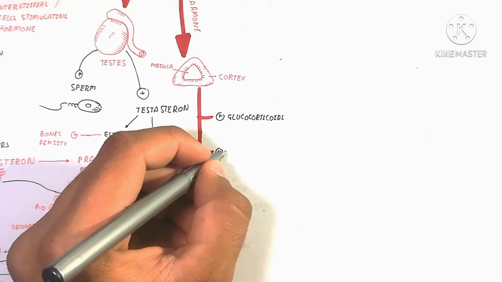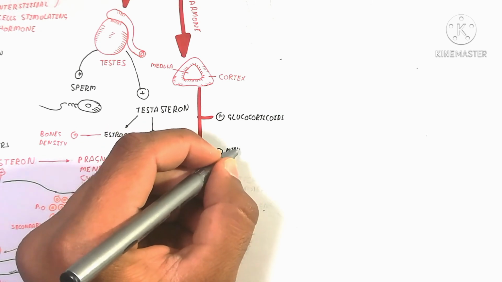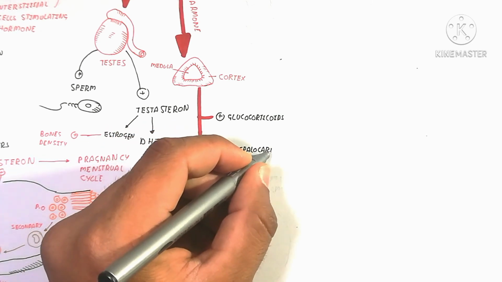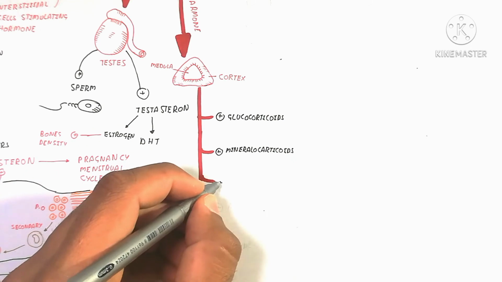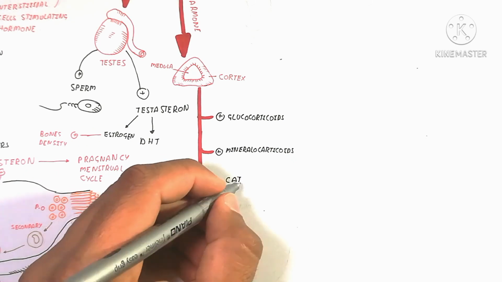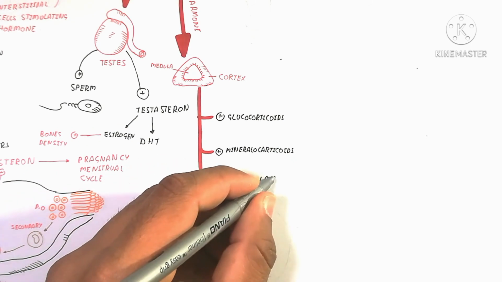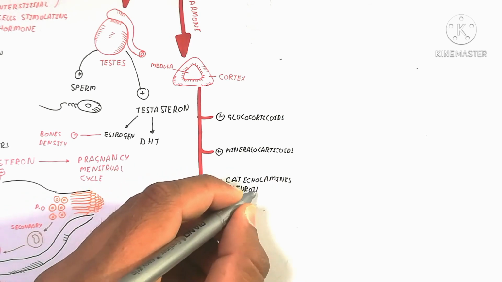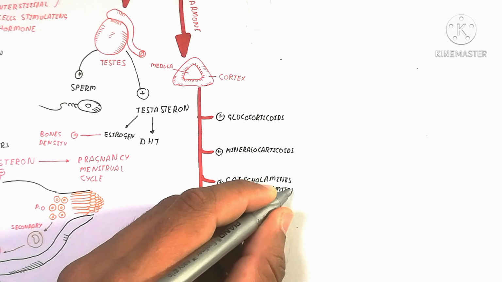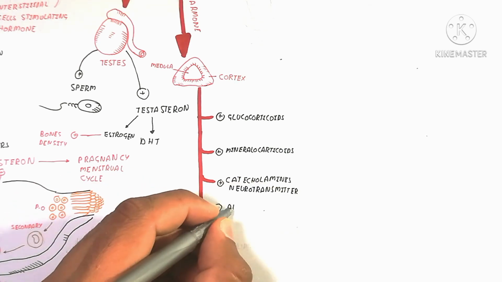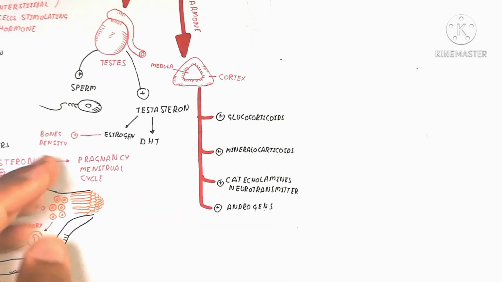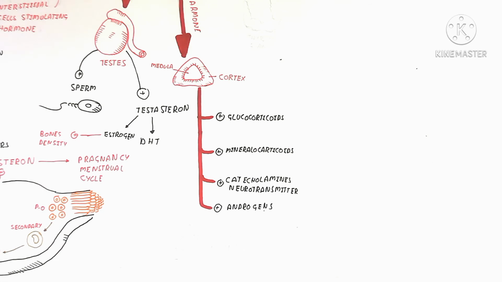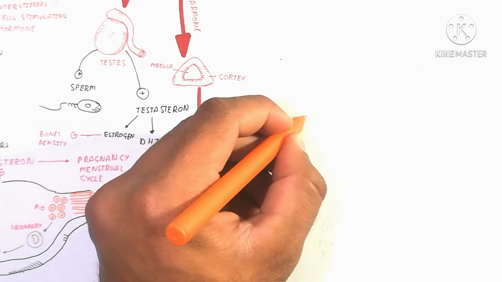First is the glucocorticoid, then the mineralocorticoid, and here are the catecholamines neurotransmitters and androgen. These four are produced from the cortex. On the other hand, the medullary part produces epinephrine, norepinephrine, and dopamine.